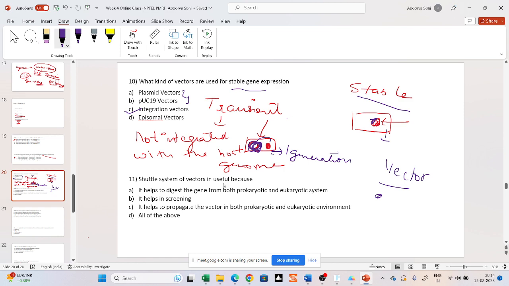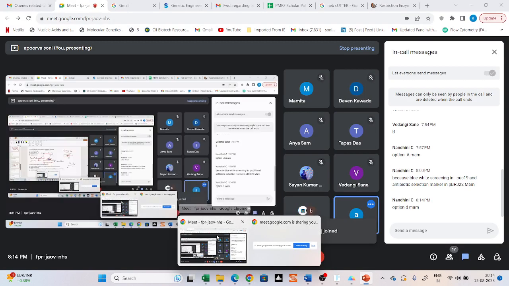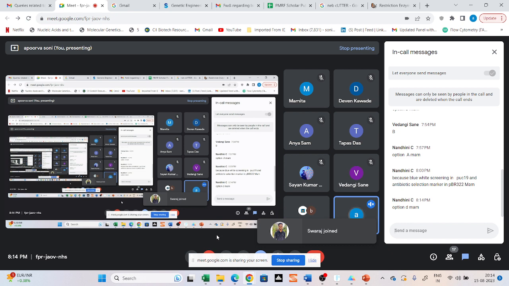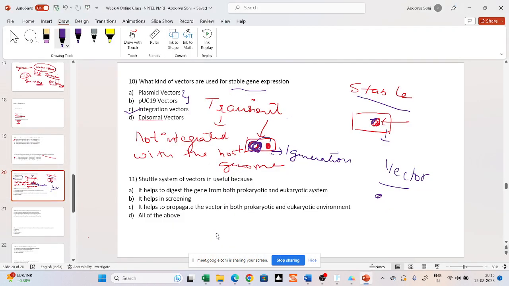Shuttle means to and fro, going in both places. You have shuttle buses which take you from one place and drop you there, and then again take you back here. Like this, in both the places it is going.